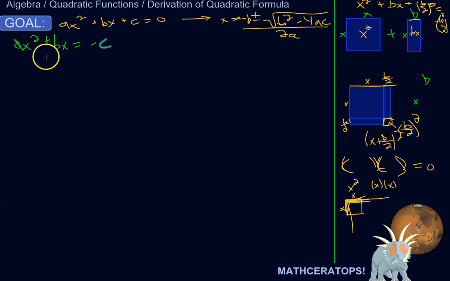Because we're going to complete the square over here on this part, and then when we add that thing to it, you add to the other side too. Sorry, I said subtract, but you add to both sides. If you add something to both sides, the equation stays true. So I'm going to add something to this side, and I'll add something to this side, and then we'll be fine. Okay, so what we have here so far.